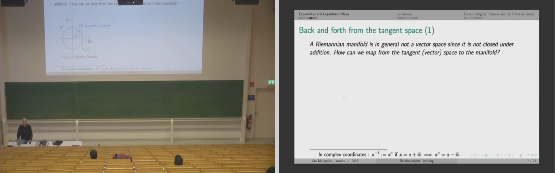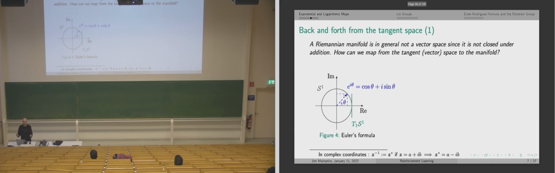So let's take the simple example of the circle, which is the sphere 1, okay? So we can parameterize the circle using complex numbers. So we have the real axis and the imaginary axis, and this is Euler's formula, meaning that it's using the exponential of a pure imaginary number and relates that to the coordinates on the complex plane.